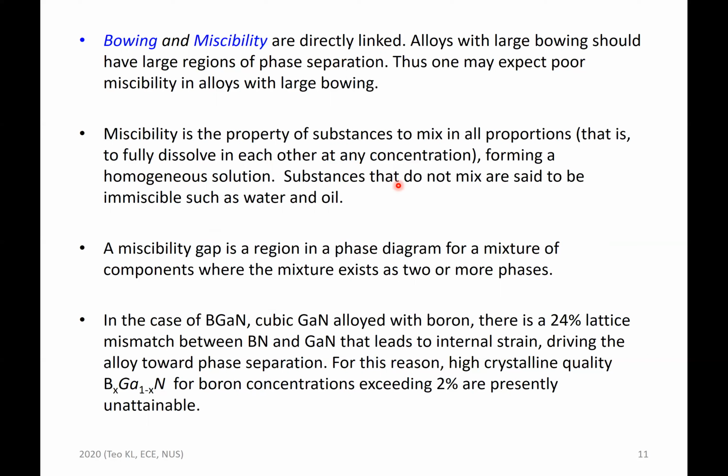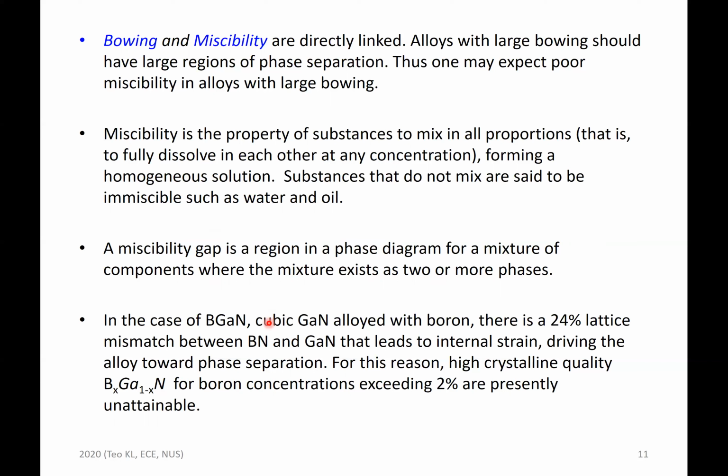Substances that do not mix are said to be immiscible. So for example, you try to mix water and oil, these substances are immiscible. And then you will have a miscibility gap, which we will discuss more in detail later on, with a region in the phase diagram where the mixture exists as two or more phases.